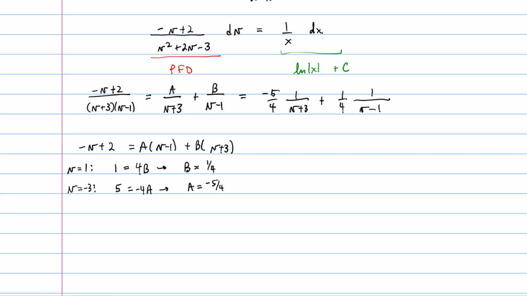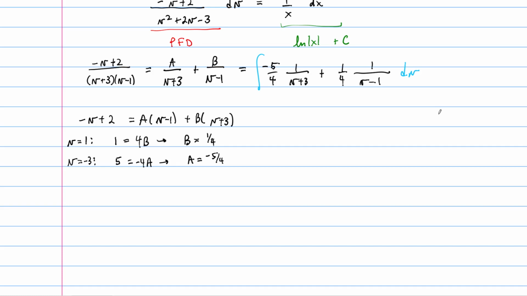So now we're going to integrate all of this with respect to v, and what we end up with is the following. This is kind of a mess, so I'm not really writing this in a good organized fashion, but negative 5/4 natural log of (v plus 3) plus 1/4 natural log of (v minus 1).